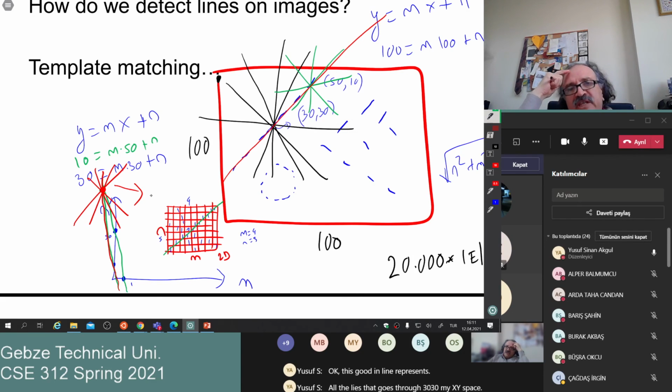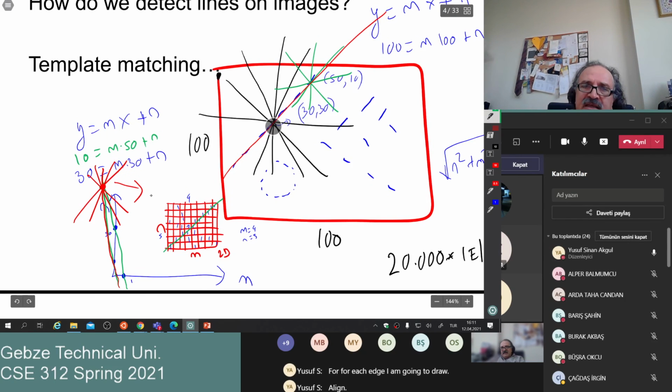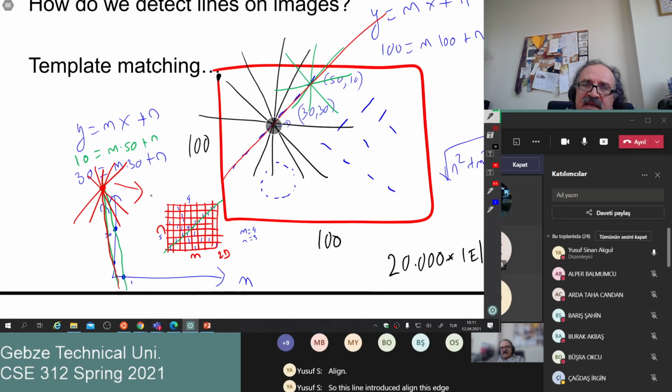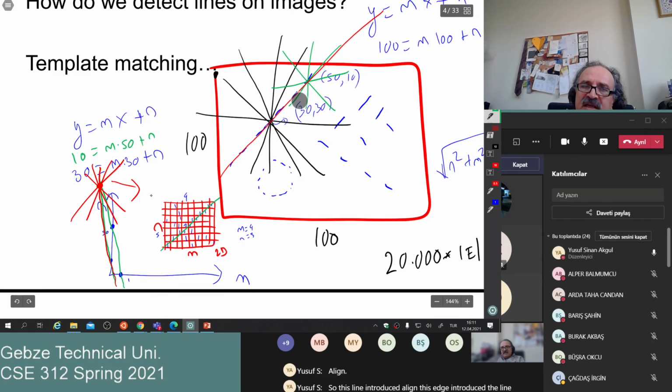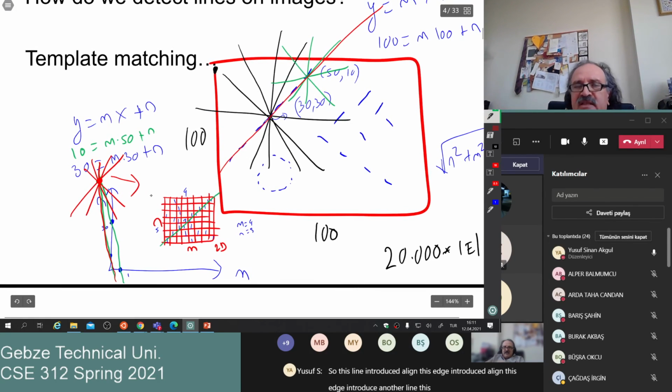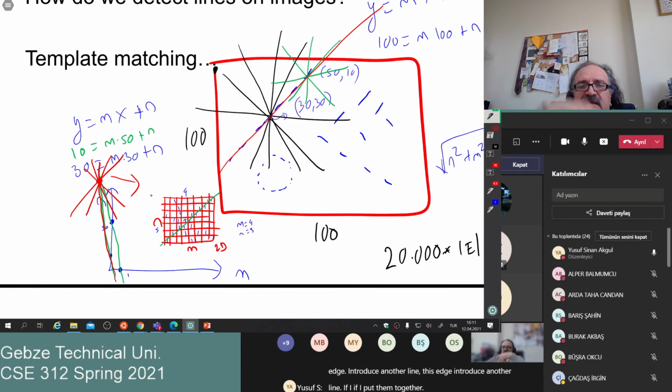So for each edge, I am going to draw a line. This edge introduced a line, this edge introduced another line, this edge introduced another line. If I put them together, okay, I get the intersection. It's like a histogram. A two-dimensional histogram, you could say, yes.